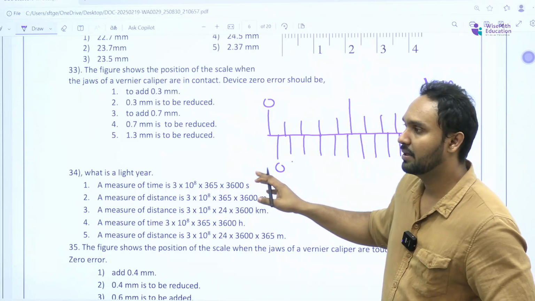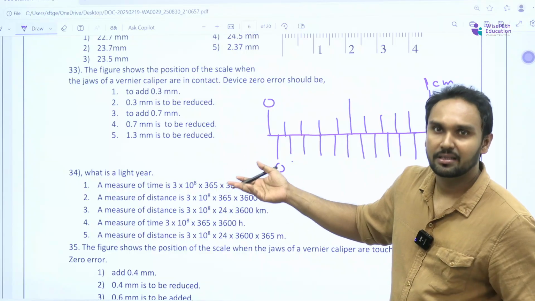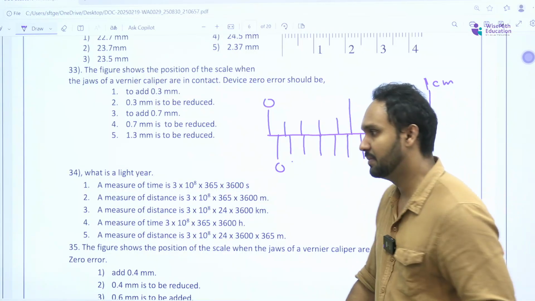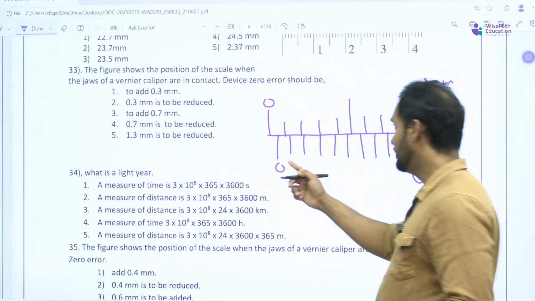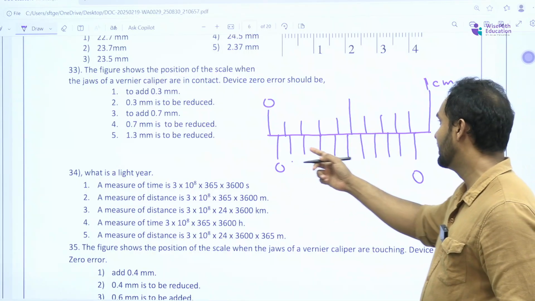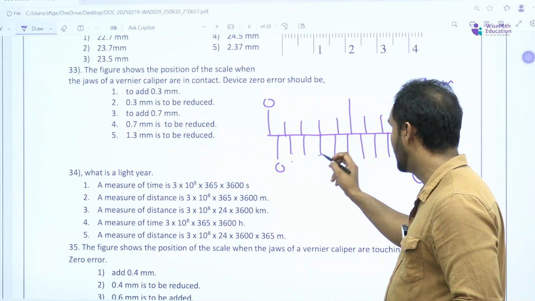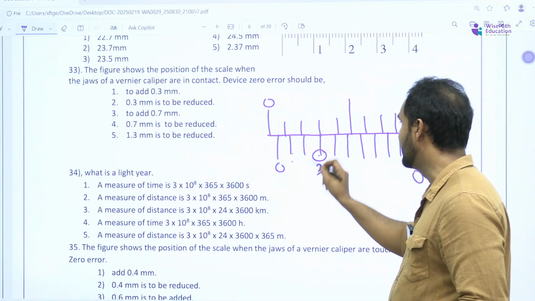Now how do you calculate a positive 0 error? It's the same as taking a usual measurement, right? How do you take a measurement? You take the number of vernier scale lines aligned. Which one has aligned? Not this, not this, not this. This is aligned, right? That is the third line which has aligned.